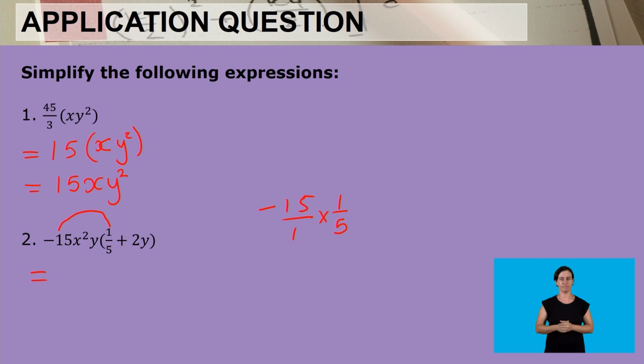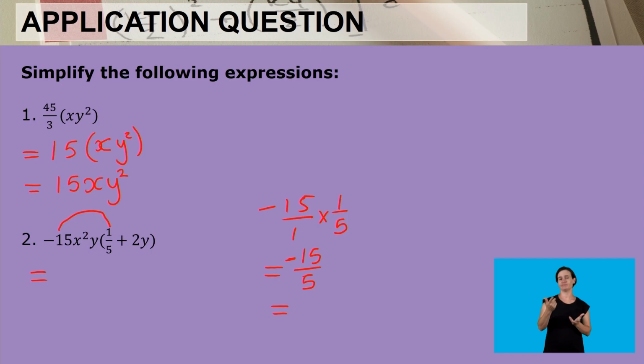And since we are multiplying two fractions, the numerator multiplied by the numerator, that is negative 15 times 1, that is going to be negative 15, and of course 1 multiplied by 5 is going to give us that 5. And if we simplify this fraction now, we have negative 15 divided by 5. So how many 5s do we get in 15?